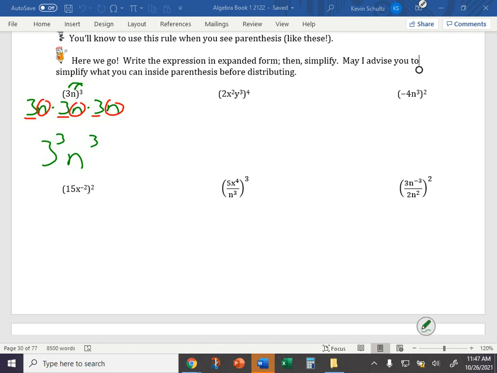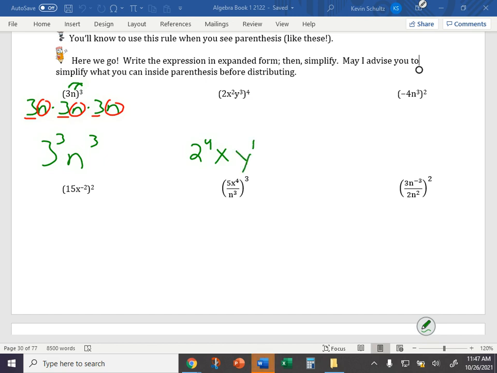Anybody have a guess at what the next one's going to be using the rule, not expanded form just yet? John? 2 to the 4th, okay.